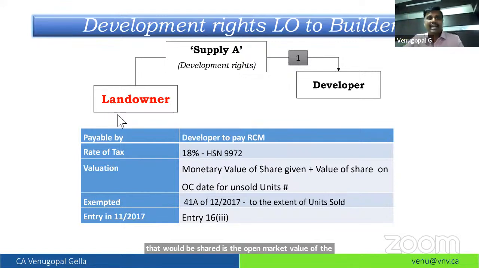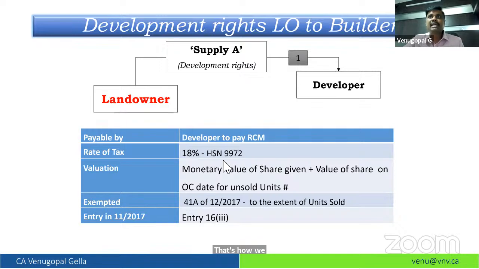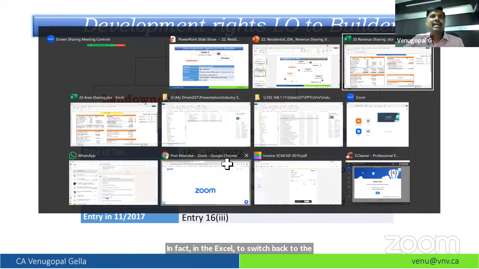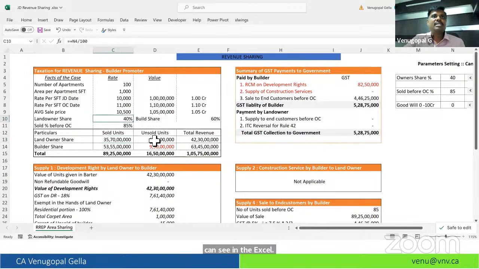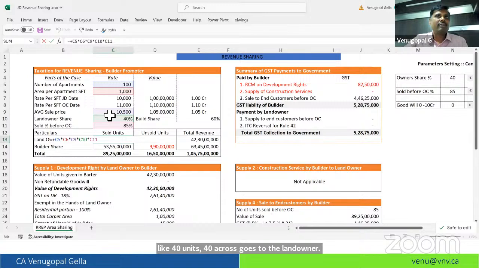In fact, if I switch back to the Excel, you can see that the 40% goes to the landowner, like 40 units, 40 crores goes to the landowner. So 35 units have been valued at the rate of average 10,500.